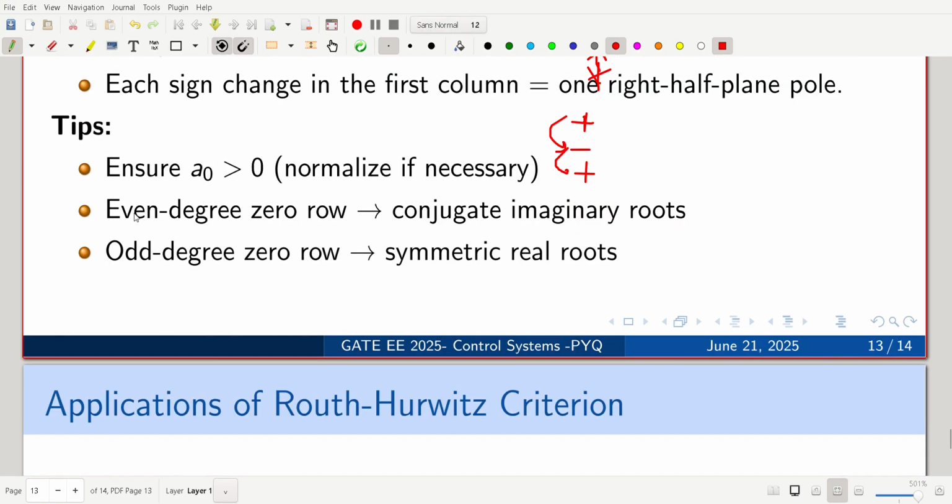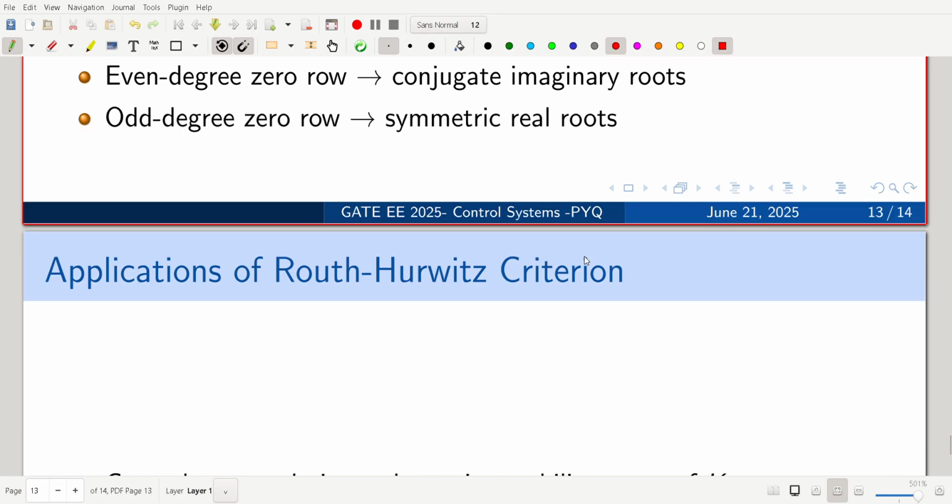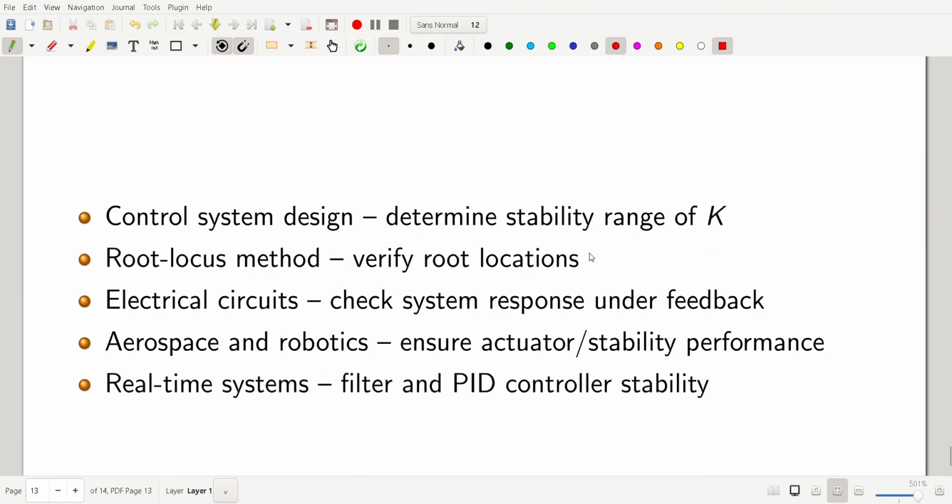Some important things we need to understand: observations in the Routh polynomial. An even degree polynomial has conjugate imaginary roots, and symmetrical real roots. That's the application point of view. In control engineering, we determine the stability range of K, and the root locus method verifies root locations.